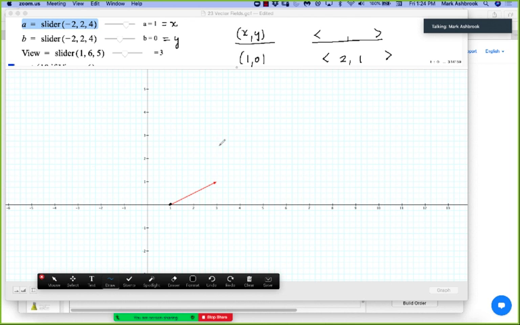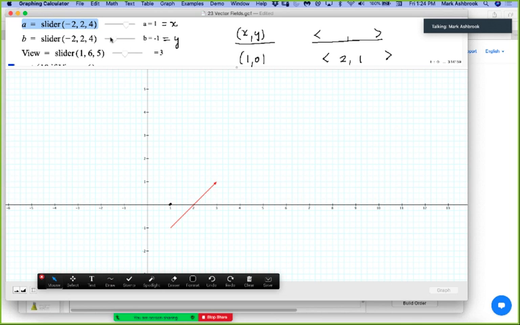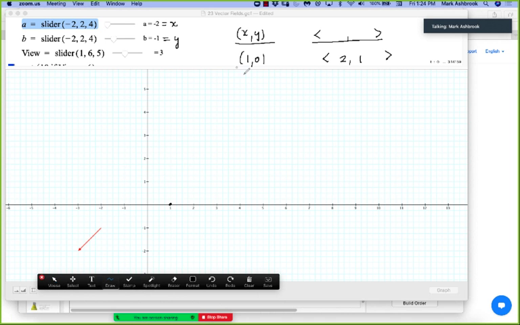Okay, let's change it up. Just rapid fire here. How about negative 1, negative 2? What vector do we get at the point negative 1, negative 2?